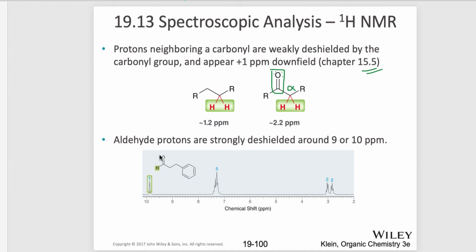Again, we have an electron withdrawing group. Remember, multiple bond, we can delocalize electron density through resonance form, which is a stronger effect than induction. And here we are. We see a very significant peak in an area where usually there are no other peaks, and that's between 9 and 10.